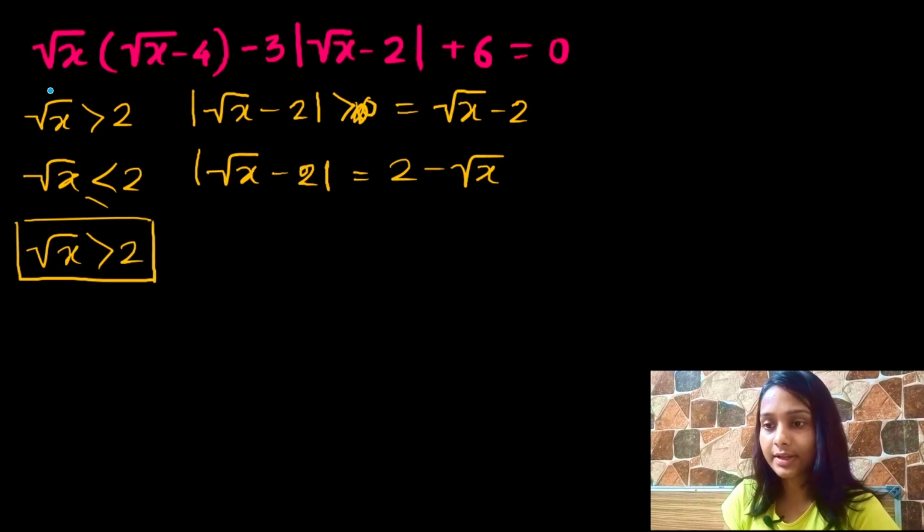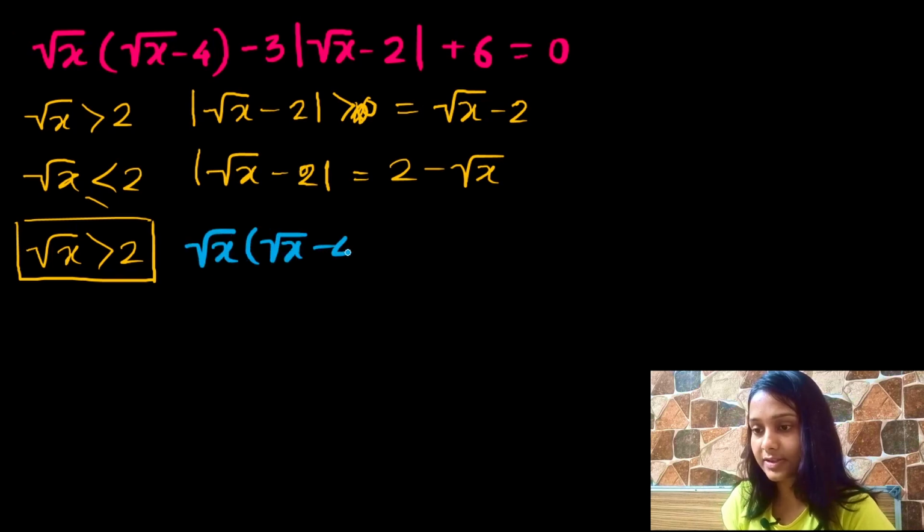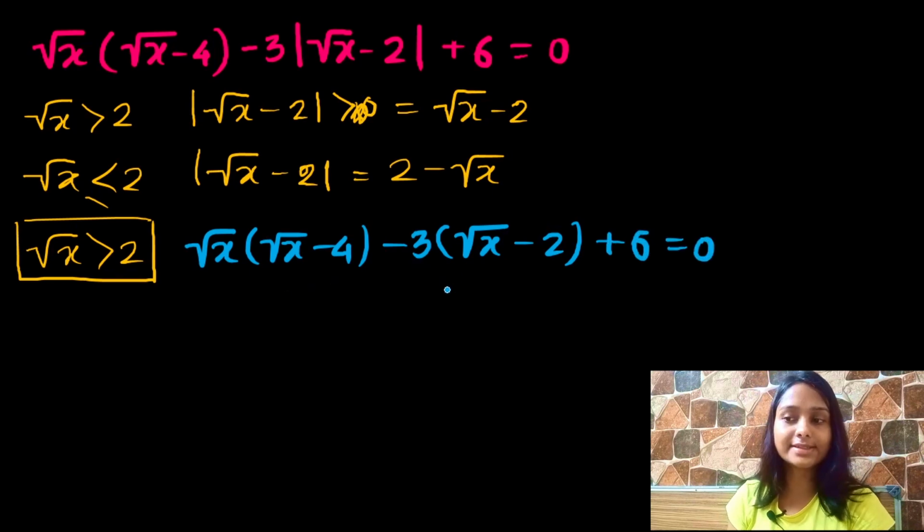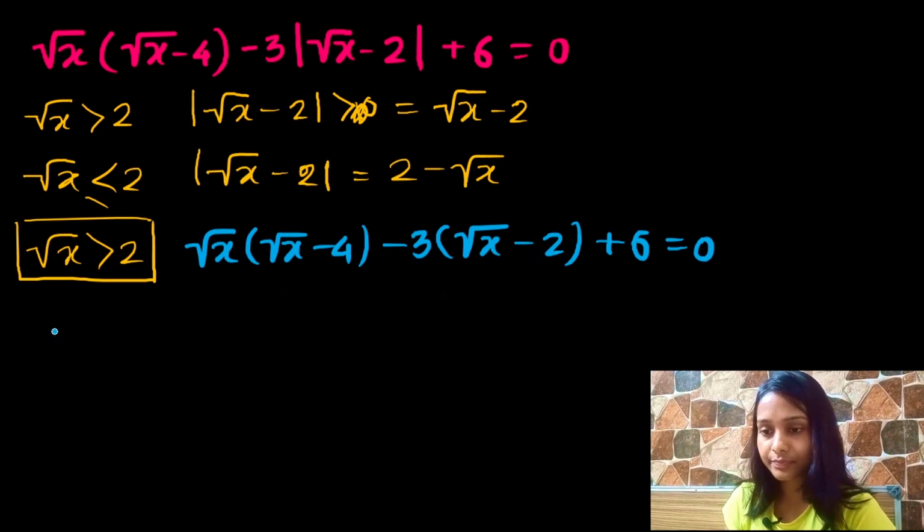So it will have this value: root x minus 4 minus 3 into root x minus 2 plus 6 equals 0. As we can see, when I am eliminating the mod, it is giving root x minus 2. So we have x minus 7 root x, and plus 6 gives 12.